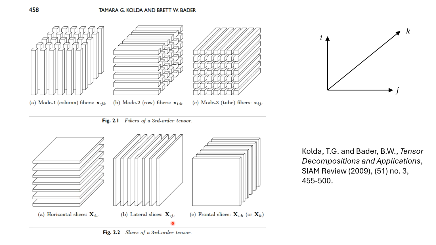Or you can fix j, so fix one of the planes going this way into the screen, and then let i and k vary to get a particular location. Then you can do the same thing where you fix k, the depth basically, and then i and j give you where you are on one of these planes.